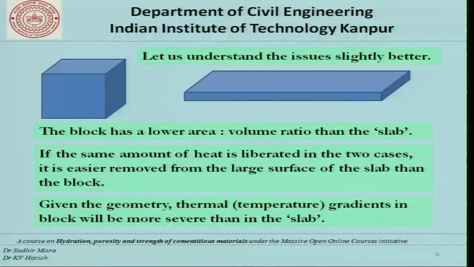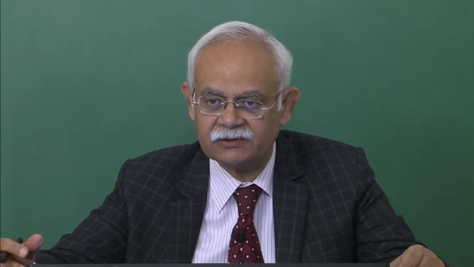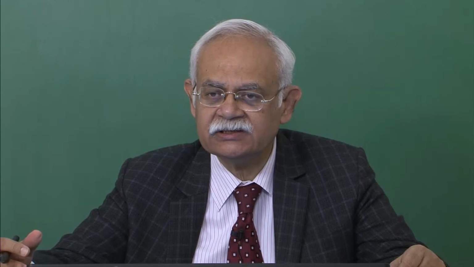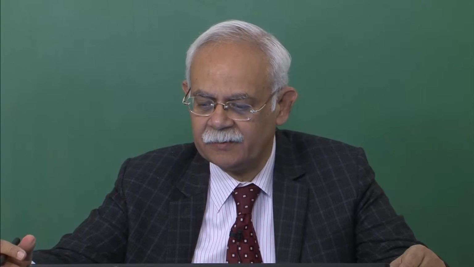Given the geometry, the thermal gradients in the block will be more severe than in the slab. So essentially what is being said is that if the volume of the two pours is the same, the amount of heat generated in the two cases will be the same. However, when it comes to dissipation, the dissipation is largely related to the surface area, and since the surface area of the slab is more than that of the block, the dissipation is easier in the slab.